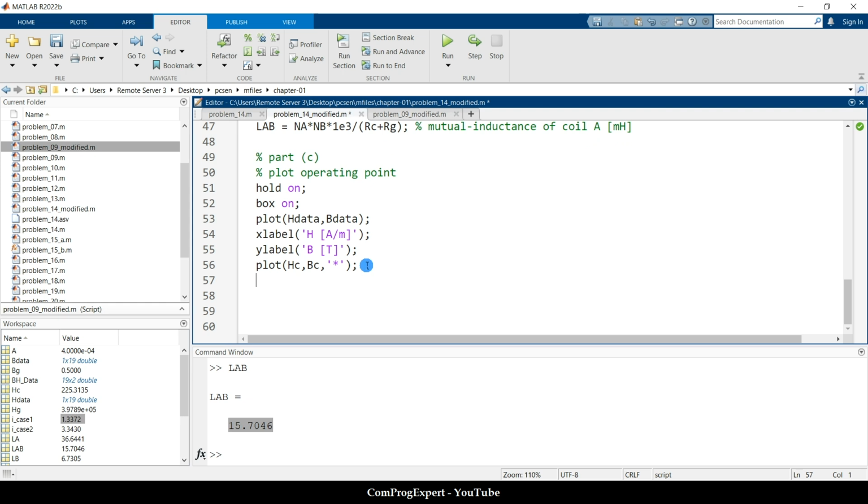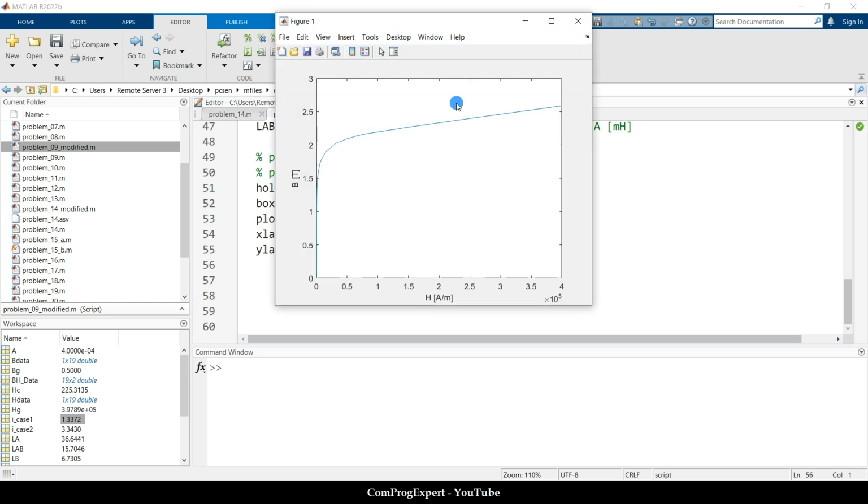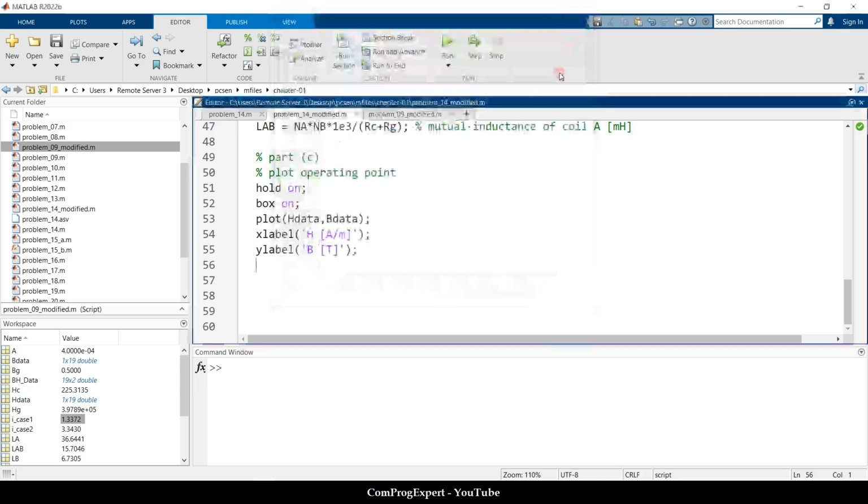We have this BH curve, and I am going to extend it also for negative values of H. How can we extend it?